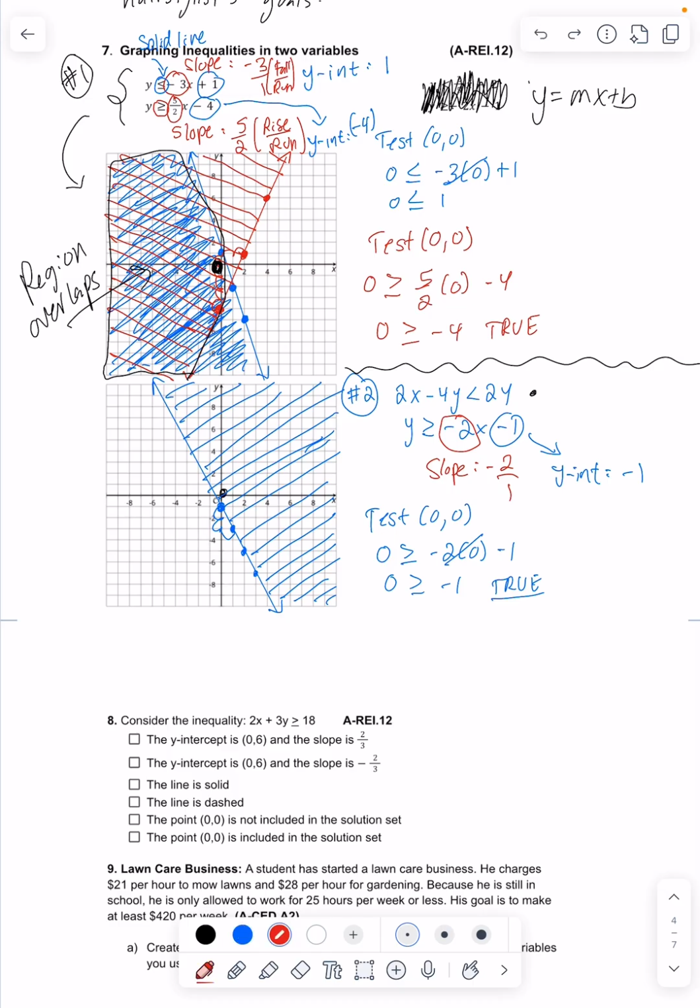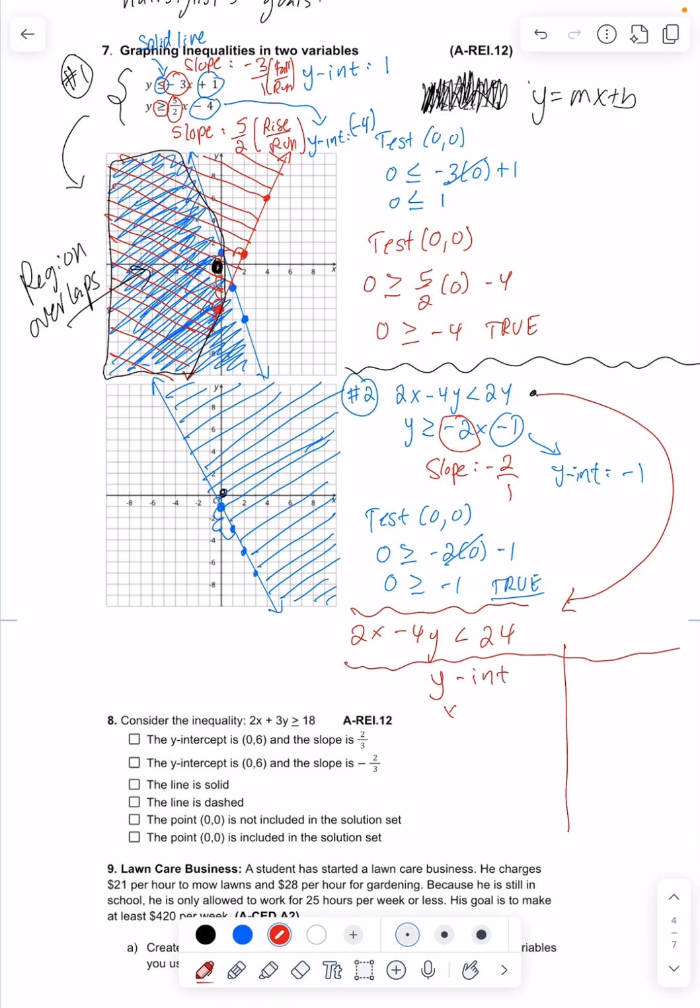But now we have to take this one. So I'm going to make a little line. Now we have 2x minus 4y is less than 24. Again, for this one, we want to find the y-intercept, where we set x equal to 0, and the x-intercept, where we set y equal to 0.